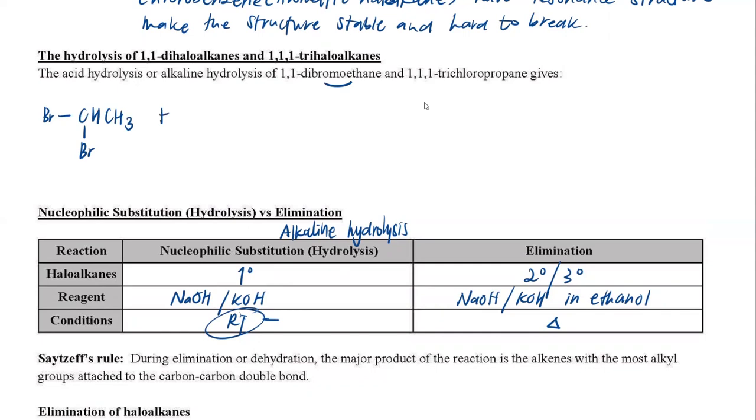When we perform alkaline hydrolysis, which is adding sodium hydroxide, it will form something like this, and it will form a diol. It depends on the number of halides you have. If you have 2 halides, then you form a diol. If 3 halides, then a triol.